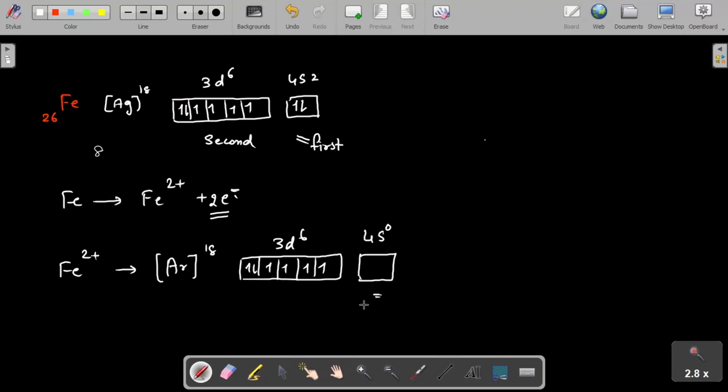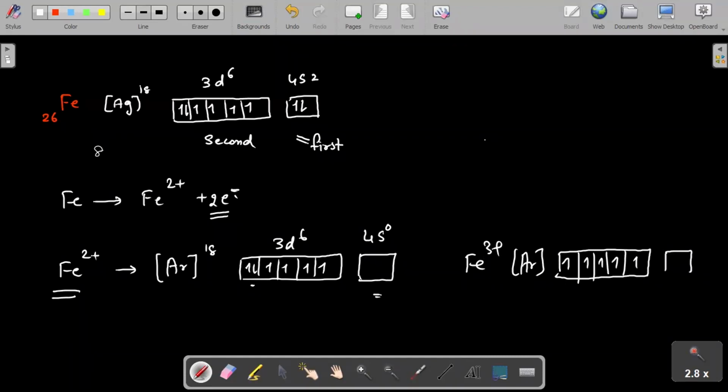There is no electron in the 4s orbital. Now, if you compare this configuration of Fe2+ and Fe3+, Fe3+ is argon 3d5, so one more electron from the d orbital I have to take out. So there will be 5 unpaired electrons in the d orbital.